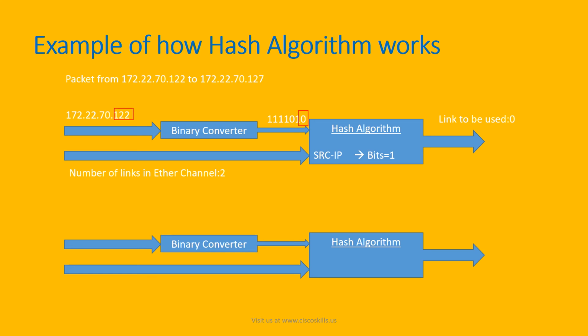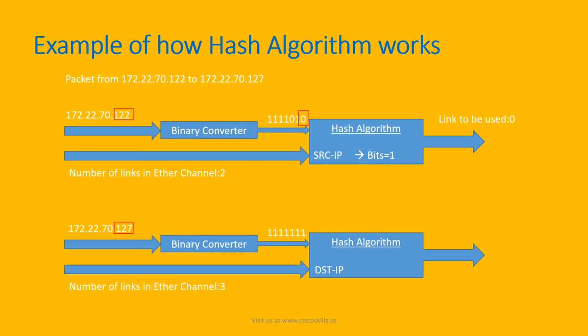Now move on to the second case where we use the destination IP address as the load balancing method. So this IP address will be used to analyze, and we have to convert 127 into a binary string, and we have these strings.